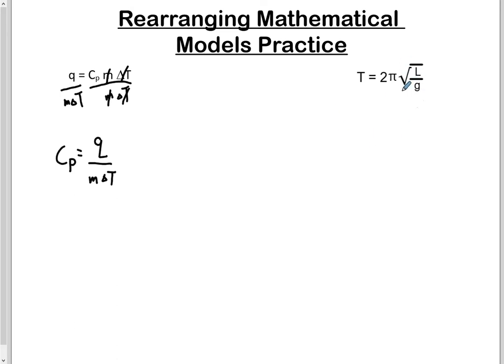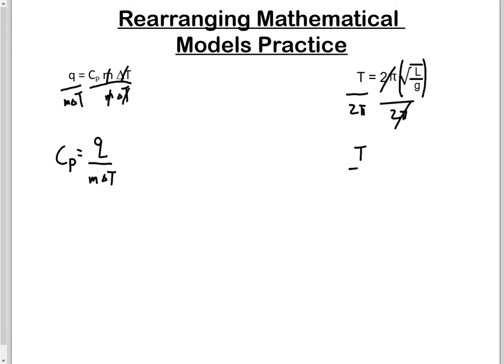Well, I want to start by grouping this. And then there's a couple things we can do. Should we get rid of the 2 pi? Let's get rid of the 2 pi. Okay, so divide both sides by 2 pi. 2 pi, that's gone, that's gone.